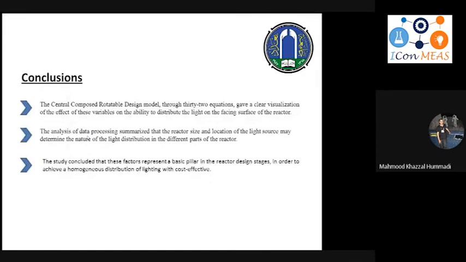Conclusion. The central composite rotatable design models, through 32 equations, give a clear visualization of the effect of these variables on the ability to distribute the light on the facing surface of the reactor. And the analysis of the data processing summarized that the reactor size and location of the main light source may determine the nature of the light distribution by part of the reactor or bioreactor.